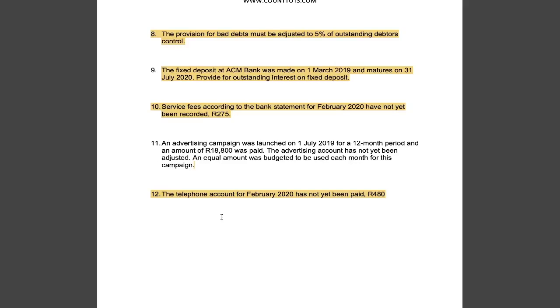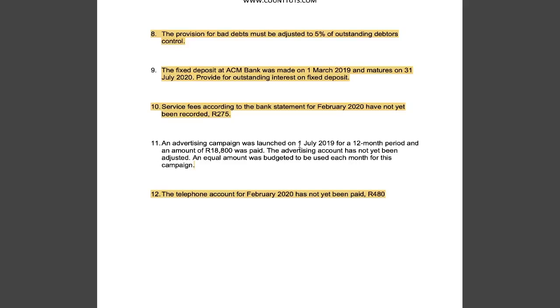Okay, so what are they telling us here? We paid for an advertising campaign and it's for 12 months, but it began on the 1st of July 2019. So what are we trying to see? We're trying to see if we overpaid for longer than our financial year end. We can tell that we have paid over and above the financial period, because if it started on the 1st of July and it's for 12 months, we know that it ends on the 30th of June 2020.